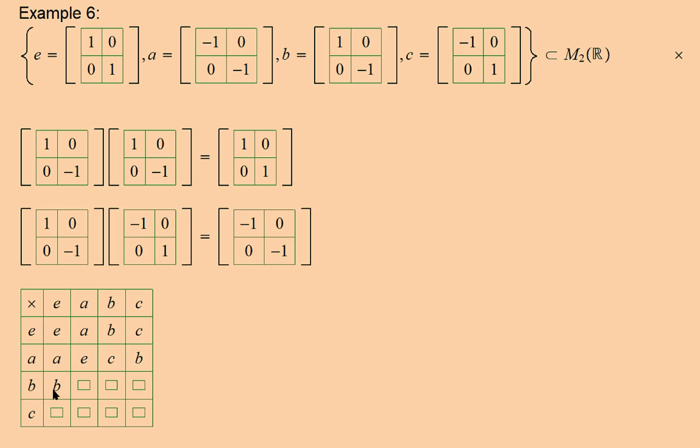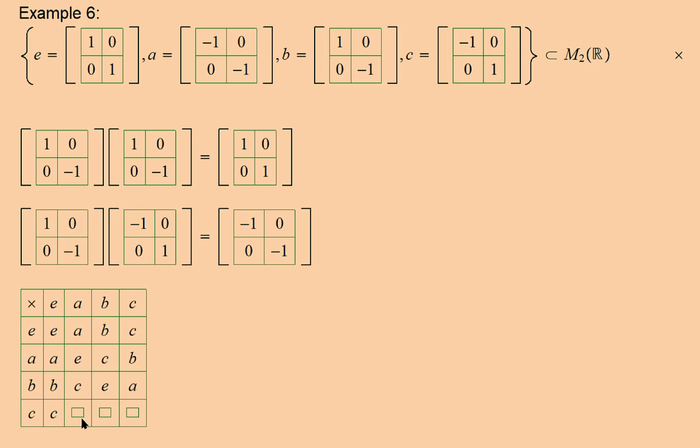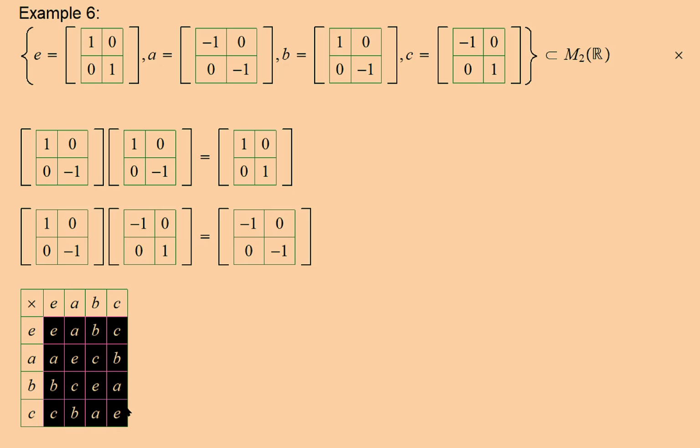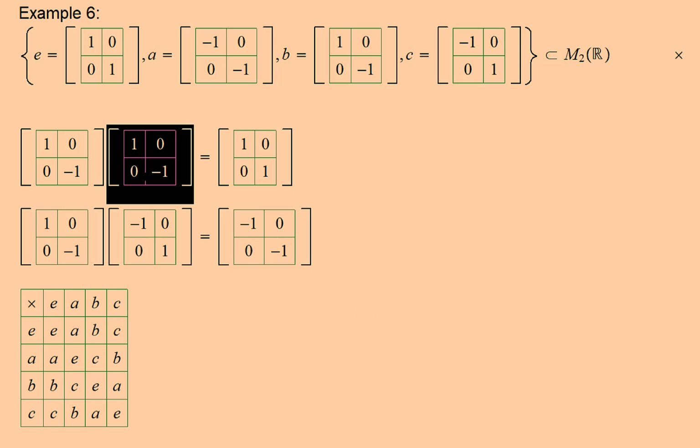So this is B times E, B times A is C, B times B is E, and B times C is A, and then here we have C, B, and CB is A and CA is E. So we have all the properties of a group because we have the identity, multiply any two of these, the product ends up in here, and for every element we have an element that when multiplied with that element gives us the identity element.